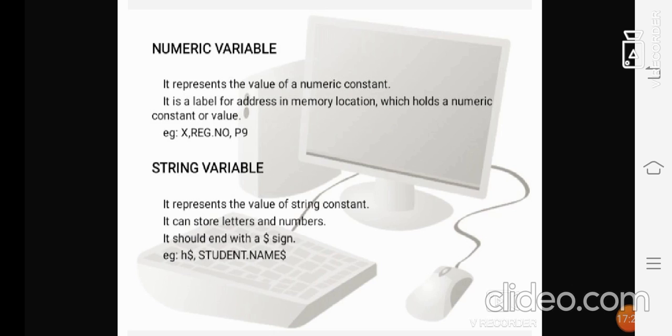These are the numeric variable examples. And a string variable represents the value of a string constant, and it can store letters and numbers. It should end with a $ sign. Example: student's name. Example: students names. Very important.